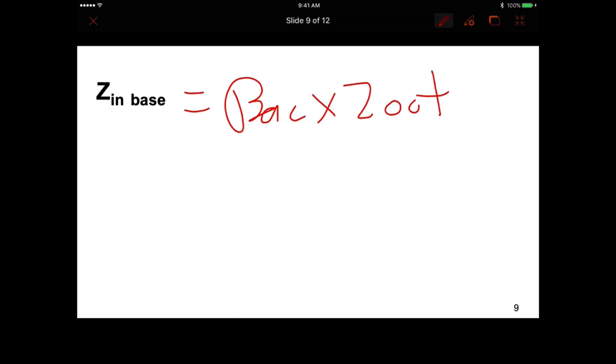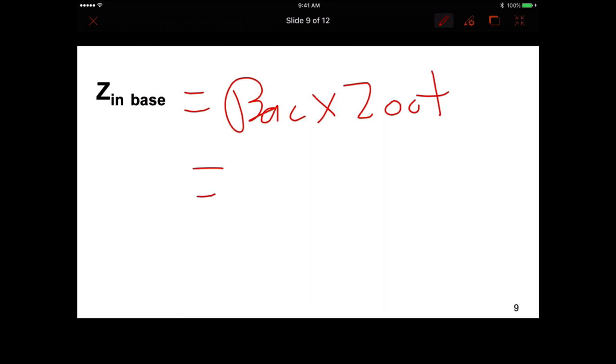Z in base is going to be beta AC times Z out. R prime E is going to be down in the milliohm range because of the high IC, so we're just going to ignore that.